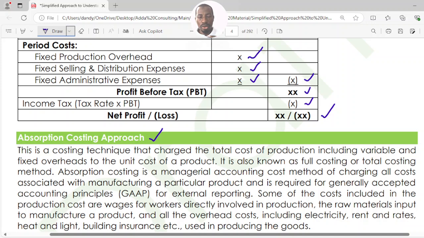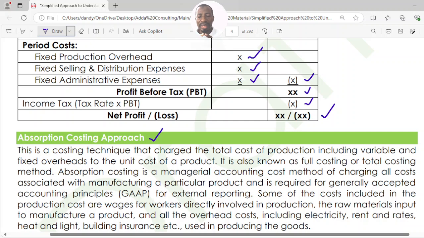So when you want to determine the unit cost of a product, you are expected to charge together all the variable cost of production plus the fixed production overhead. You add the two together, and that will make up the production cost. The absorption costing method is also known as full costing or total costing method.